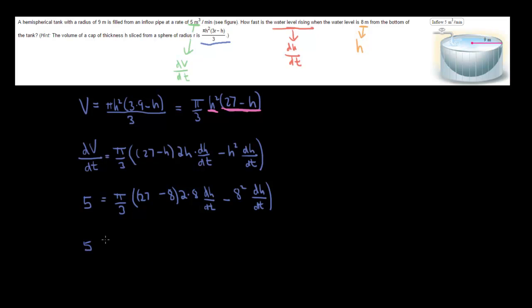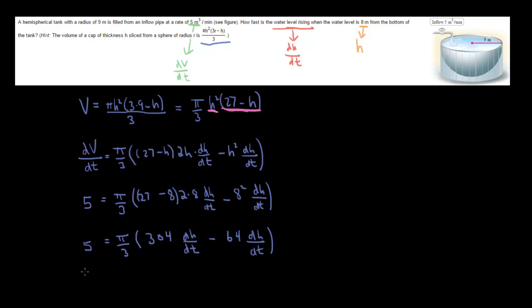All right, so we have 5 equals pi over 3 times, let's see here, 27 minus 8 is 19. 19 times 2 times 8, so 19 times 16, I get 304. So 304 dh dt minus 64 dh dt. Now let's multiply both sides by 3 over pi.